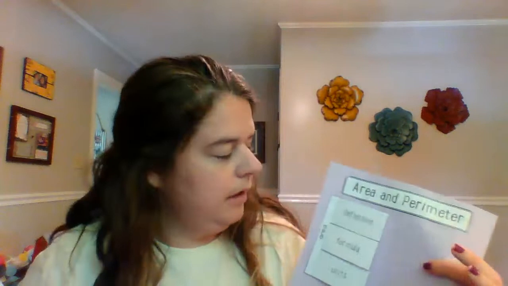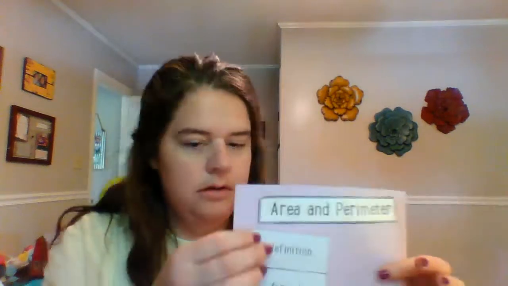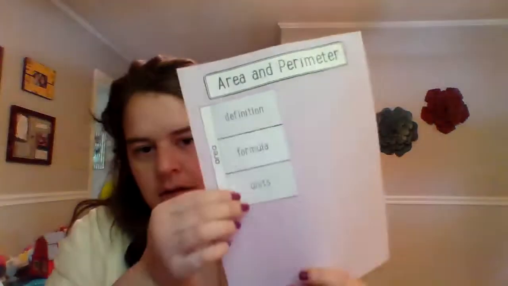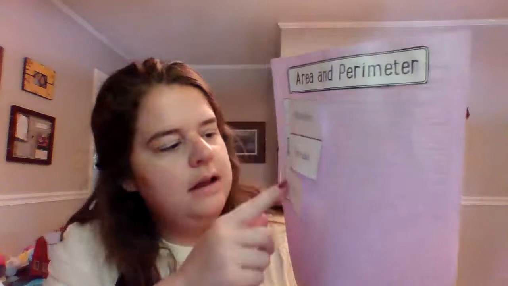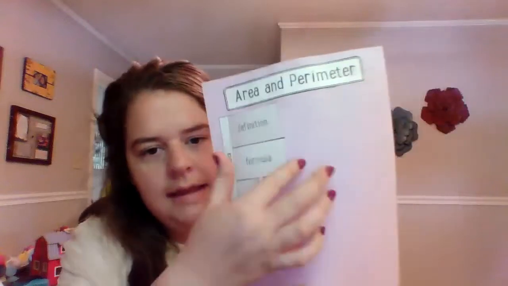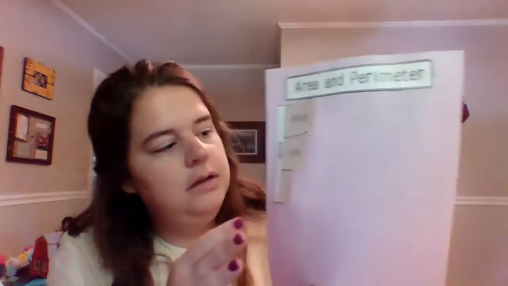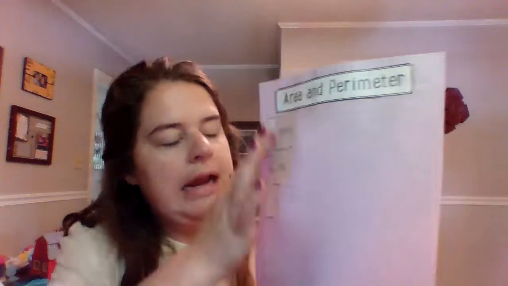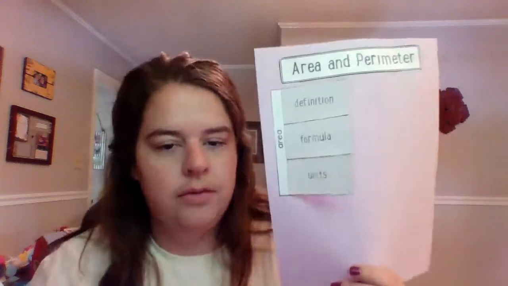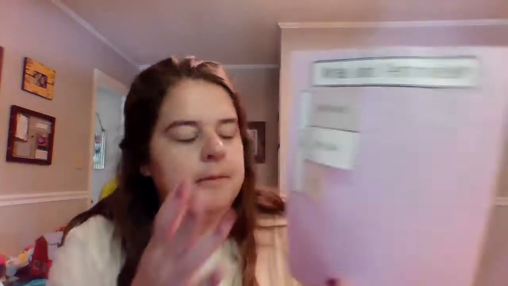The title is Area and Perimeter, and the first one you're going to glue, you're going to fold on this dotted line, cut these flaps, and glue behind the area title there. So you'll have your flaps here.